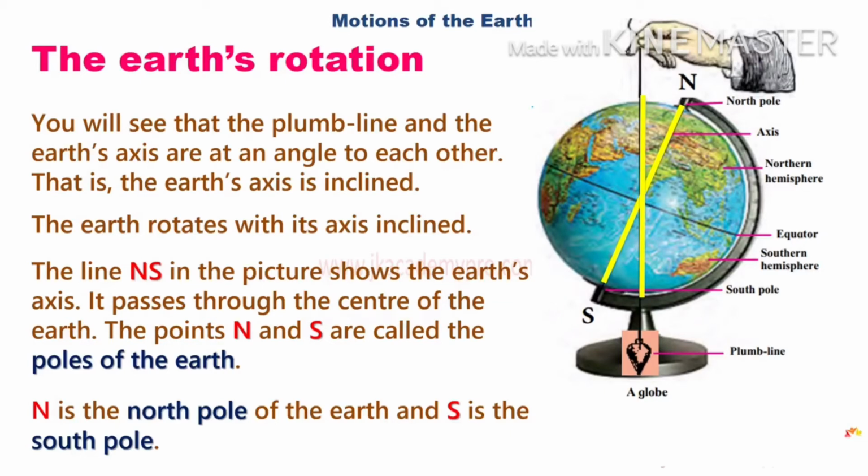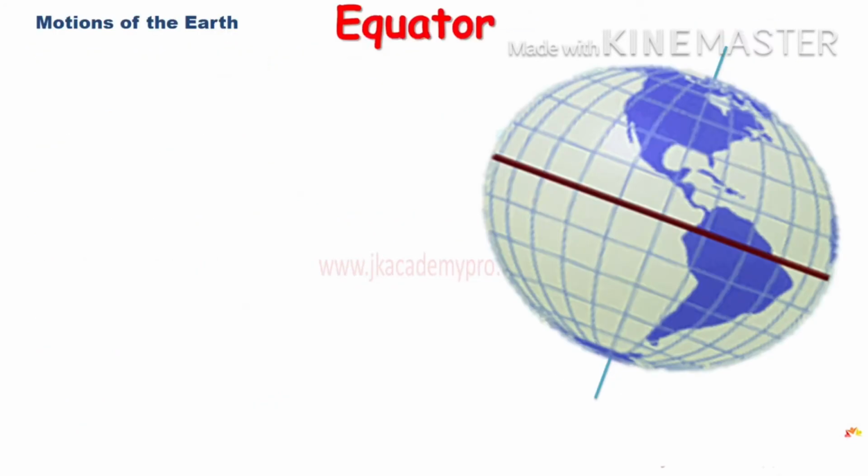You can see in the picture the plumb line is straight and the axis of earth is inclined. N and S points you can see clearly here. They are the poles of our earth. Now the one line which is between these points is called the axis.